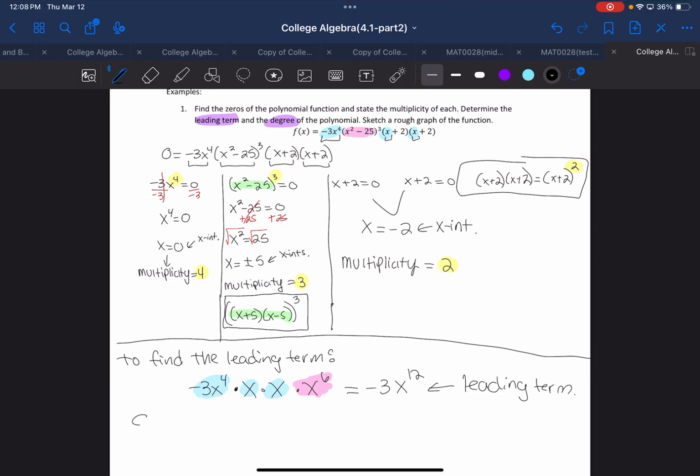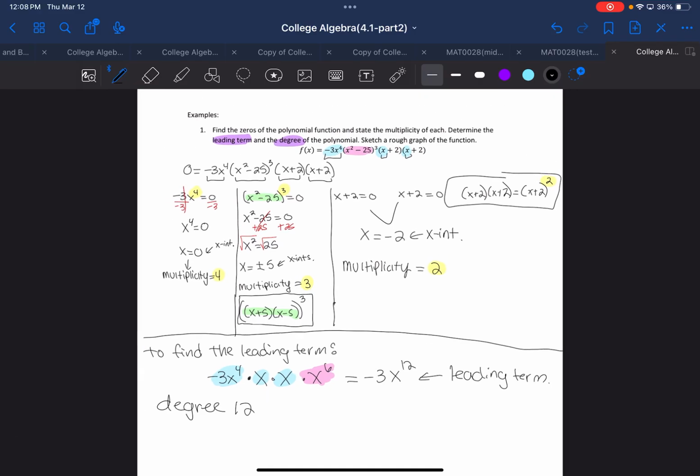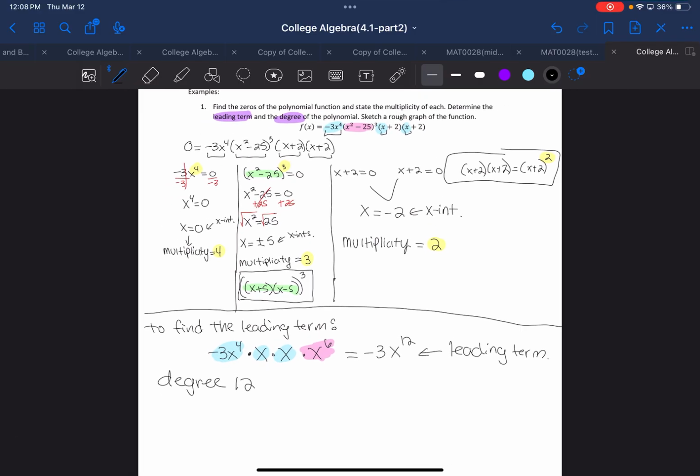Okay, so the degree is 12. And the degree is even.